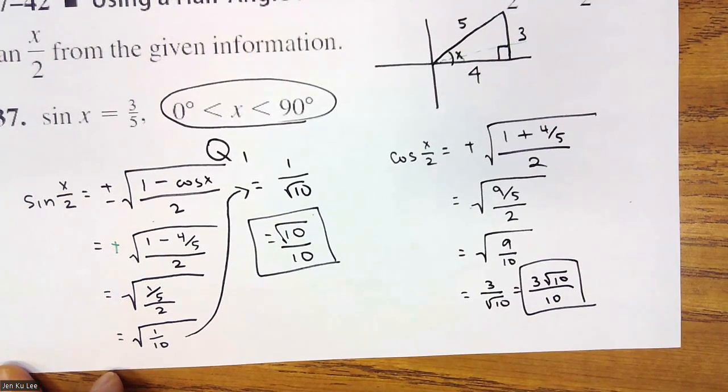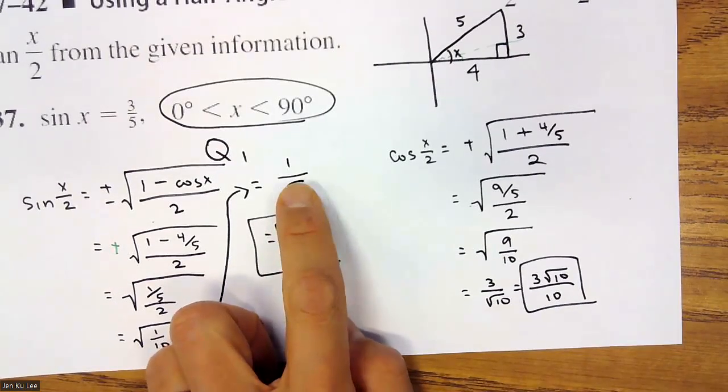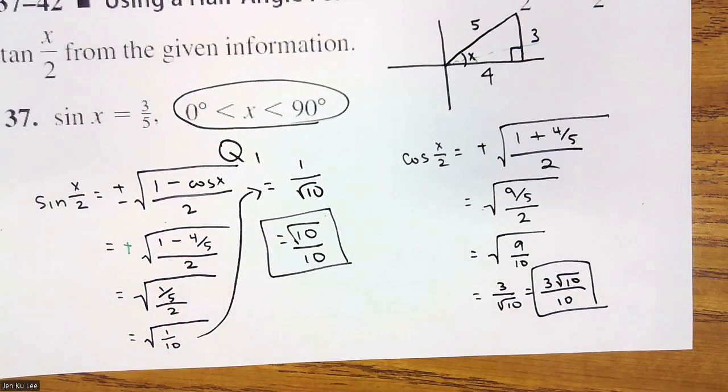You gotta find a tangent, right? Multiply both top and bottom by square root of 10.